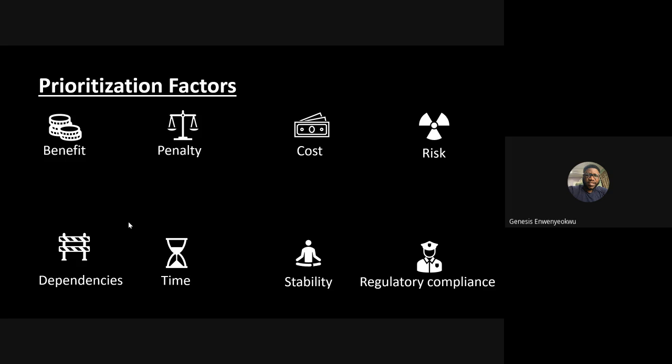Now, it will be important that every financial institution prioritize everything they need to do, whether it is related to implementation of a system or processes, to ensure that they are compliant with regulatory requirements. So sometimes we might prioritize what we need to do because we want to be compliant with regulatory policies or requirements.